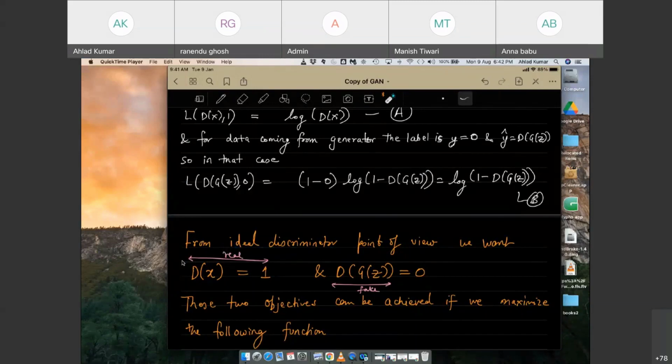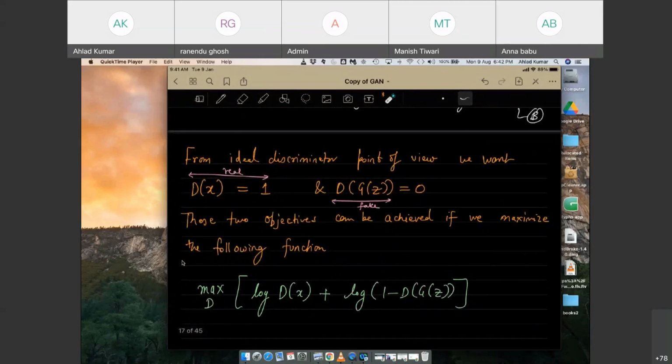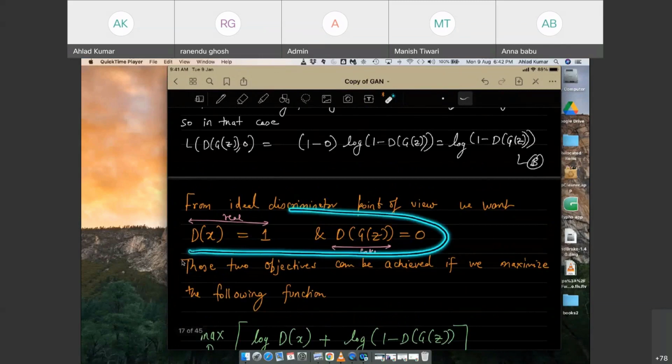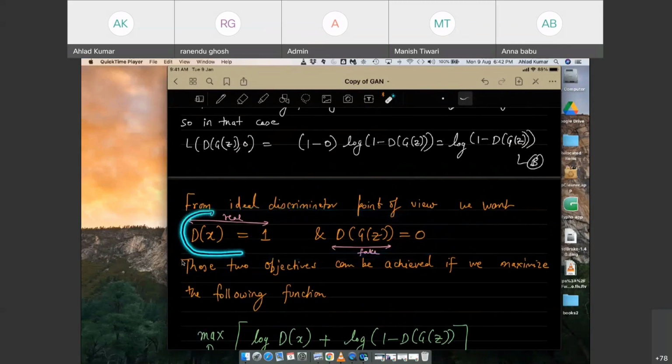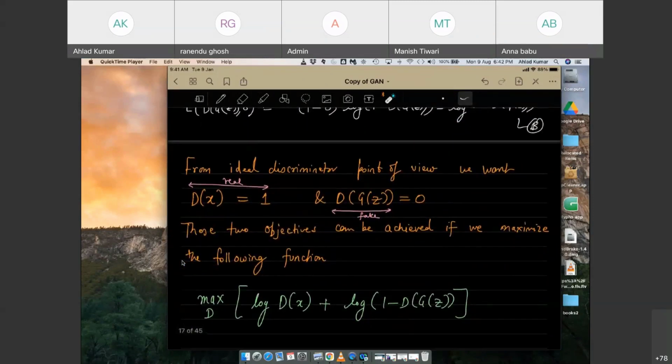What we are trying to do now is combine these two terms together and see what will happen. Our objective is what we want from the ideal discriminator, so let us see how we can get these objectives out of these two terms.